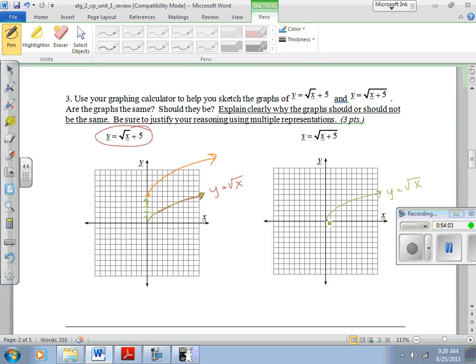So here's the origin. The domain and the range is all real from 0 to positive infinity on the domain. The range is from 0 to positive infinity for the original one, right? The graph just shifted 5 units to the left. 1, 2, 3, 4, 5.